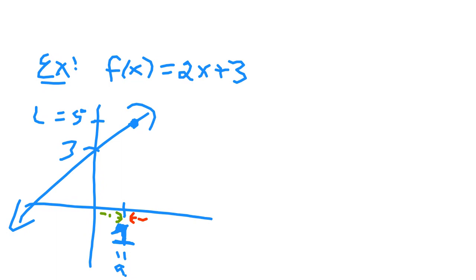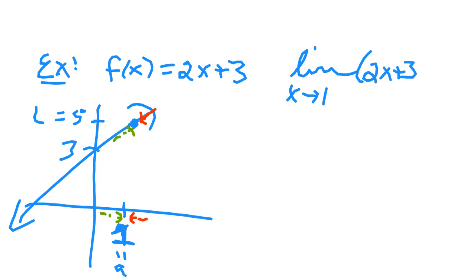From below and from above, we're approaching that height. So we can say the limit as x approaches 1 of f of x, which in this case is 2x plus 3, exists and equals 5. Once again, 5 is the height I approach as x approaches 1 from both sides.